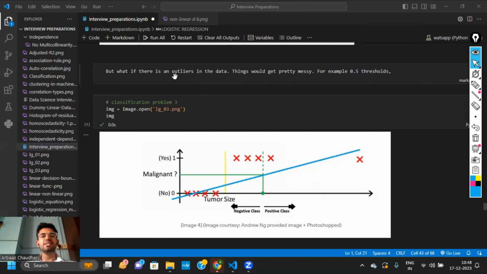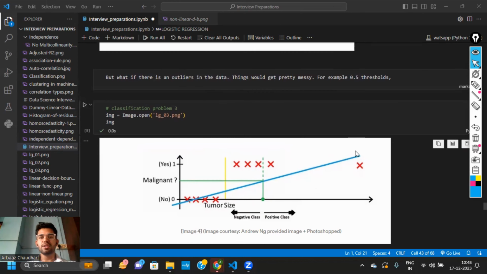In these data points, the cross is an outlier. For building a linear regression line, as we know, all these data points will be considered and the best fit line will be drawn. That is what linear regression is.